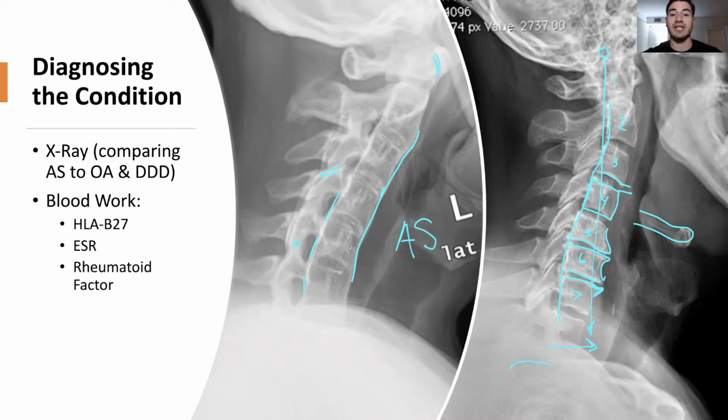If you test positive for rheumatoid factor, it means you could have an inflammatory condition, but not necessarily AS. Right. Because AS is the only inflammatory spondyloarthropathy that tests negative for rheumatoid factor. So if you have an inflammatory condition and test negative for rheumatoid factor, you likely have AS. That's a great point, a great differentiator there.